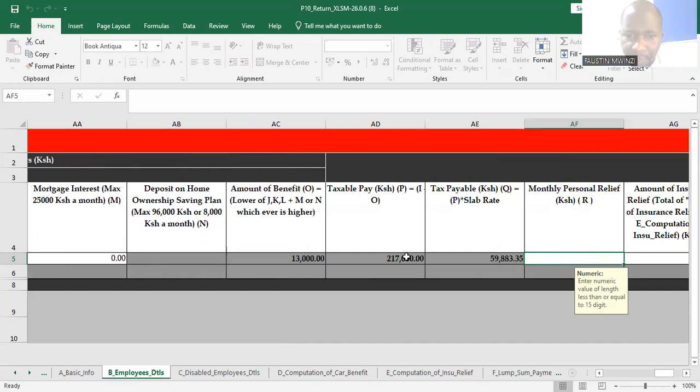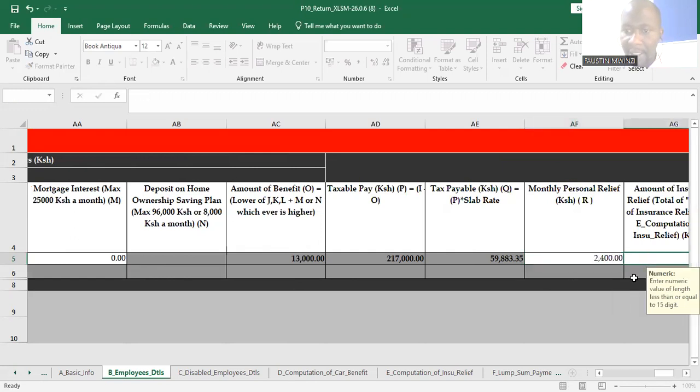Now, we end up with 217. Where does 217 come from? 217 is 230, you remember, minus the 13, which is the contribution towards pension. Monthly relief for employees shall be 2,400.